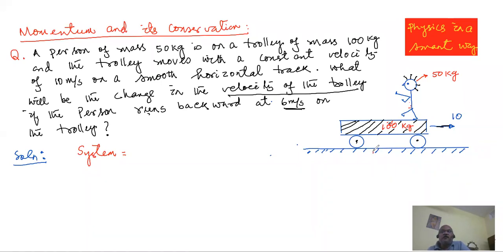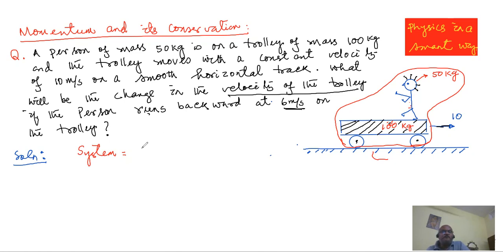So we can avoid the force he exerts on the trolley when he is running and the counter reaction the trolley gives to him. If you take the trolley and the person as a single system, those forces become internal forces.